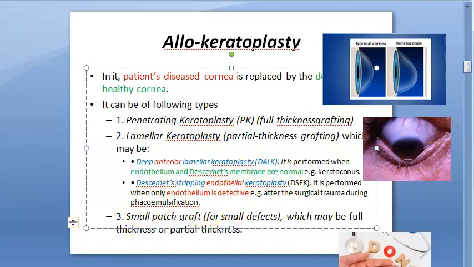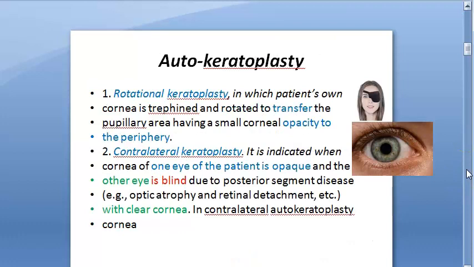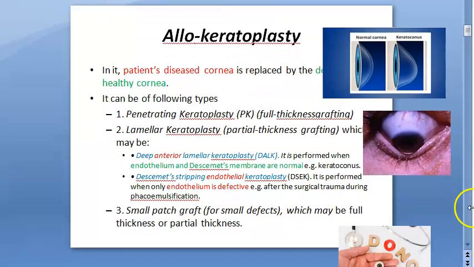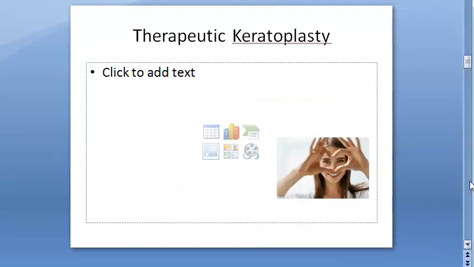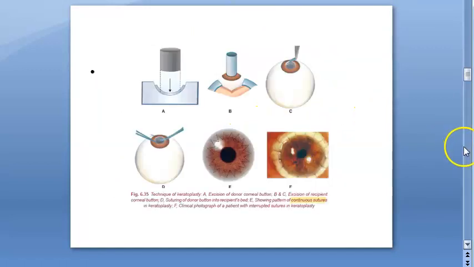Till now, what have we seen? We looked at what keratoplasty is, that it's nothing but corneal transplantation. We looked at autokeratoplasty, that is rotational keratoplasty, contralateral keratoplasty. In allokeratoplasty we looked at what it is and the types also. Still, what is there to look at? Therapeutic keratoplasty, what is therapeutic keratoplasty?